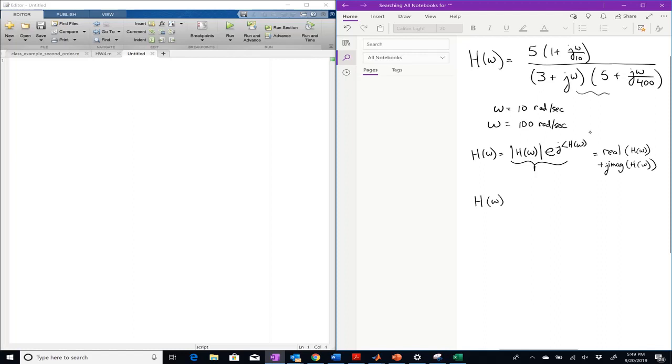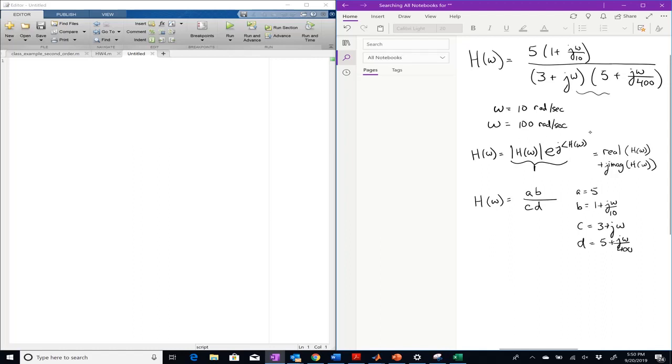I can think of H of omega as simply being, in this case, the complex number A times the complex number B divided by the complex number C times the complex number D, where A is 5, B is 1 plus j omega over 10, C is 3 plus j omega, and D is 5 plus j omega over 400.